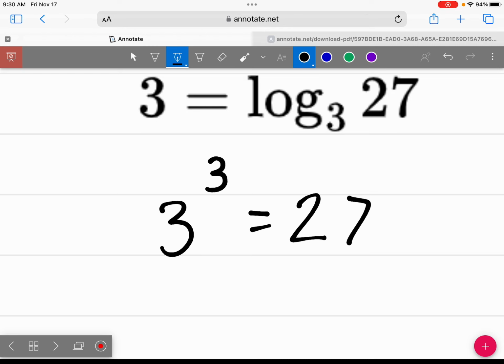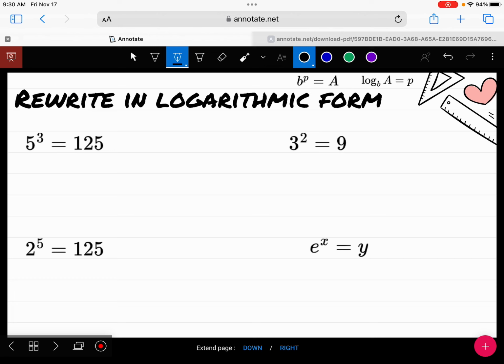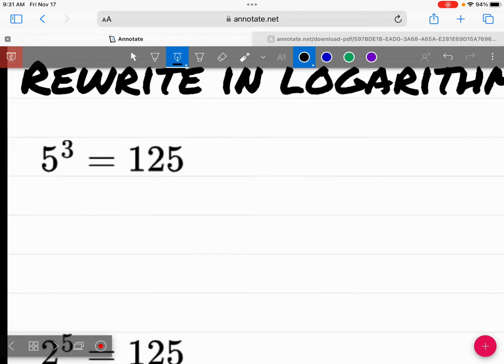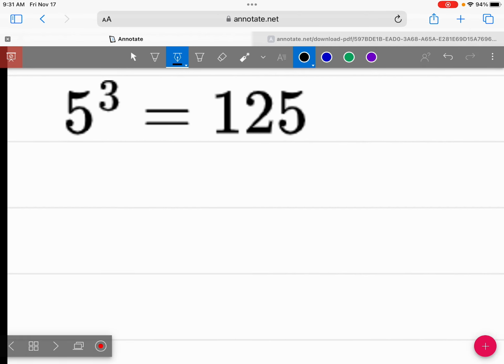Okay, vaguely familiar? Good, because now we're going to go the other direction. Exponentials back into log form. Other way. I'm not switching the formulas again because it has to get super tiny. All right, so this 5 cubed, how do we write this as a log? Log base what? Base 5.